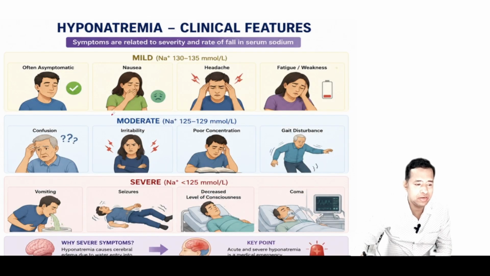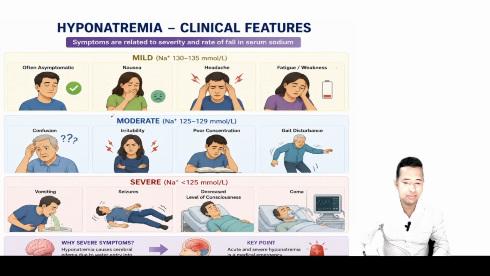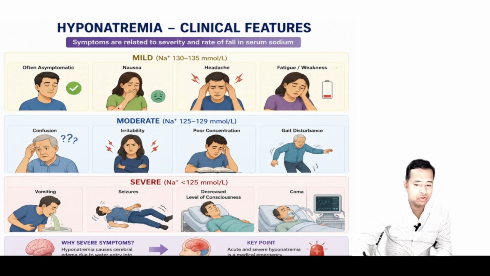Clinical features we need to know based on severity and speed of onset. Mild hyponatremia may be completely asymptomatic, or there may be nausea, headache, fatigue and weakness. As the sodium falls further, the patient may develop headache and nausea, weakness and confusion in moderate cases, and irritability, poor concentration, and gait disturbances.